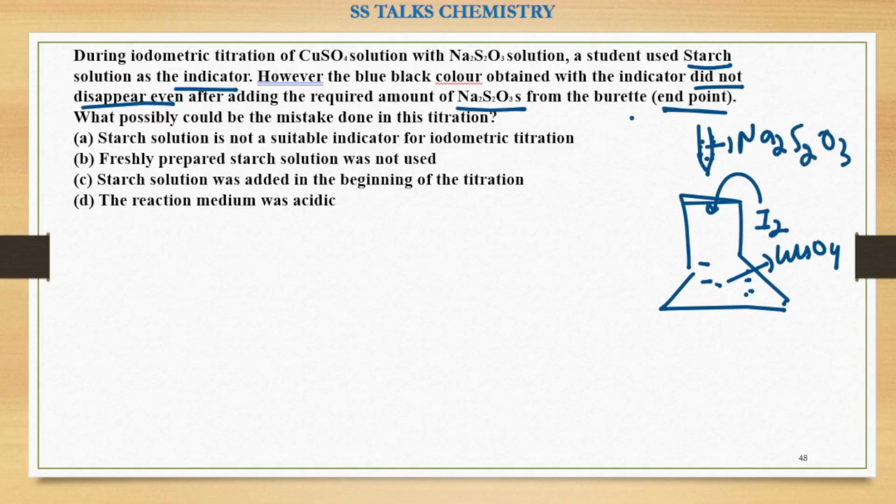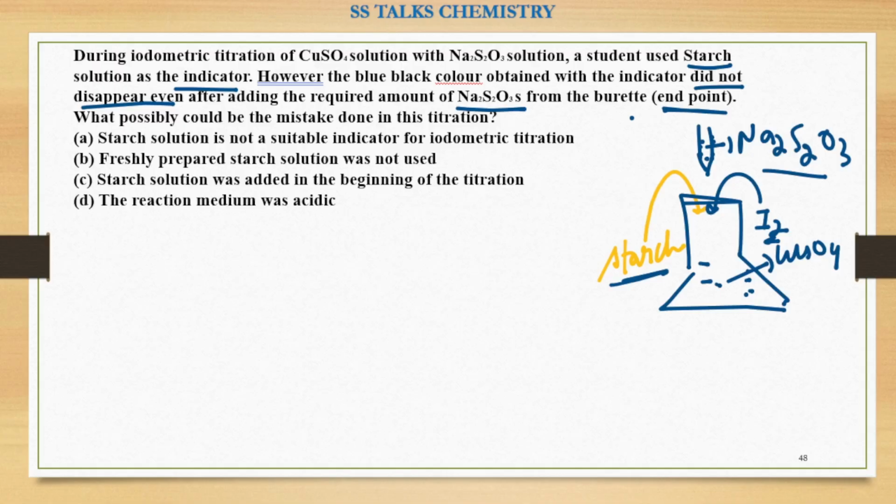Along with this an indicator has to be added, the starch indicator. But the point of addition of the starch is very, very important. If you add the starch in the beginning of the reaction, you won't get the end point because the iodine present will not be reduced by the sodium thiosulfate.